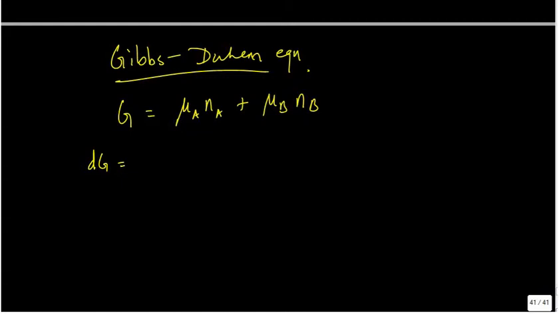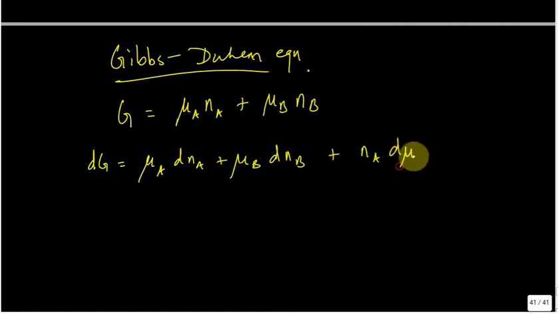Think about the change in volume. With Gibbs free energy, I don't think you'll be able to get that intuitive feeling very easily. So dG, I already know it is mu A dNA plus mu B dNB. I have to account for the change. It's a two component system to start with, but to be complete mathematically, I'll write NA d mu A plus NB d mu B. I should account for all the changes.